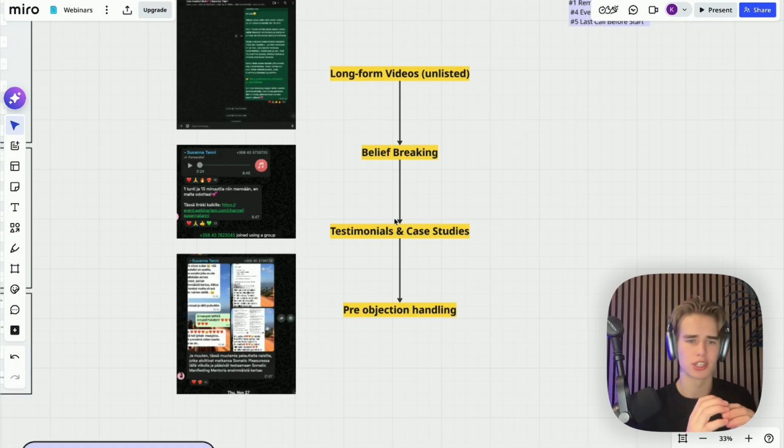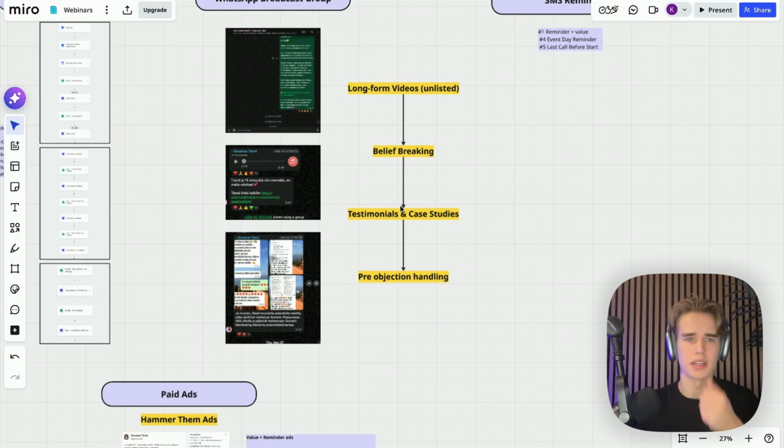Then pre-objection handling. A lot of people think that they can't make it on time today, or something like that, so you make them actually join and break those objections before they come up. Super important that you post in this group daily. We like to post twice a day, usually in the morning and then in the evening.